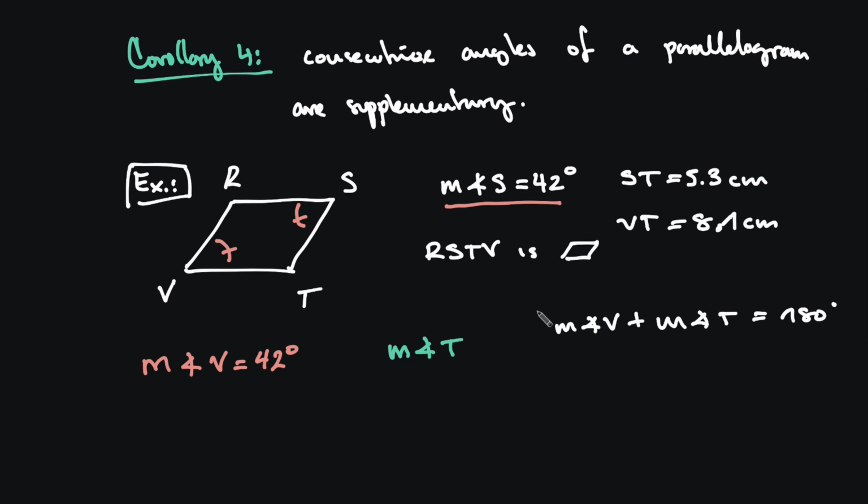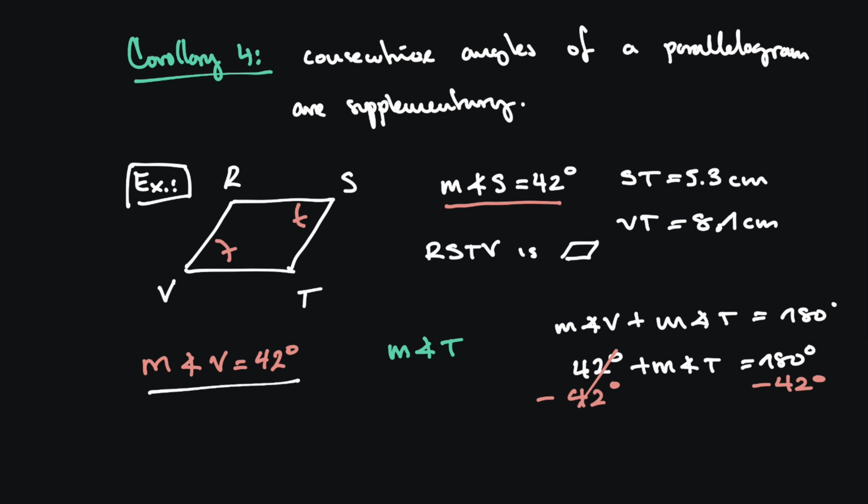We know that the measurement of angle V is 42 degrees, so 42 degrees plus the measurement of angle T is equal to 180 degrees, right? This is a small equation. If we subtract 42 on both sides, this is gone. And now the measurement of angle T will be equal to 180 minus 42, which is 138 degrees.